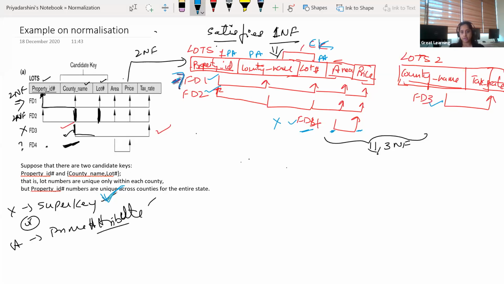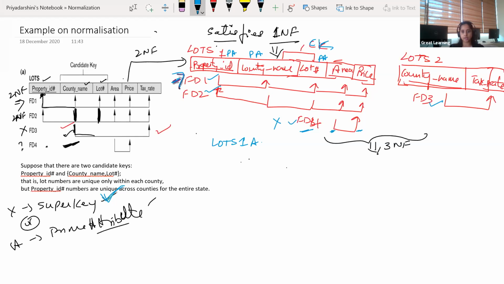So now, if FD4 is violating 3NF, then what do we need to do? I need to remove FD4. So with the existing lots 1 and lots 2, my new lots 1, I'll make it as lots 1A.